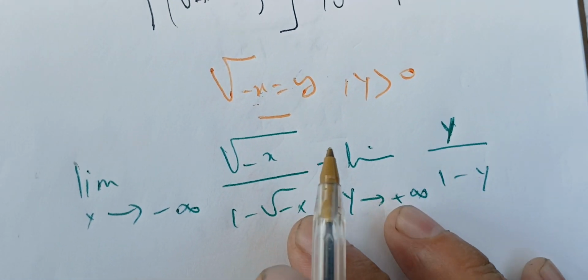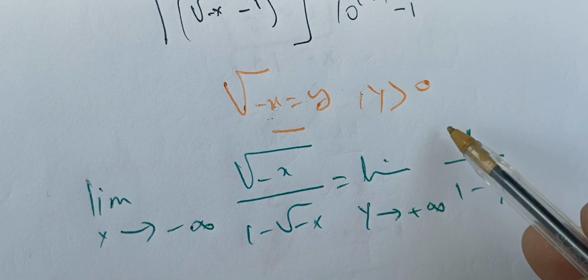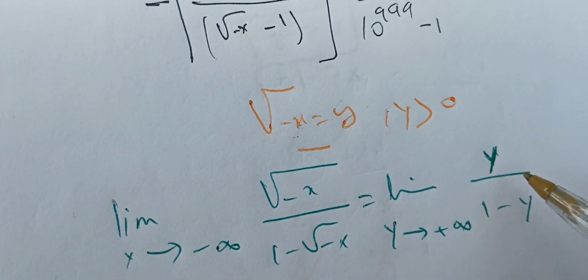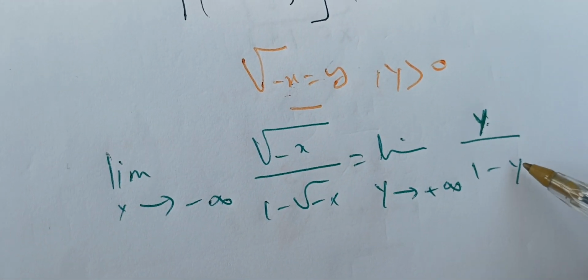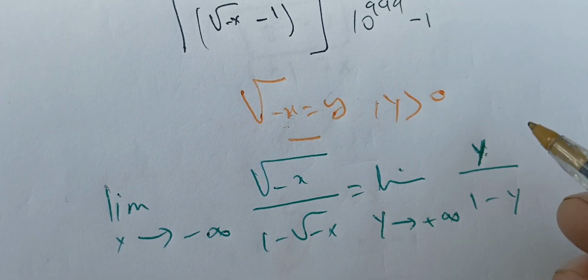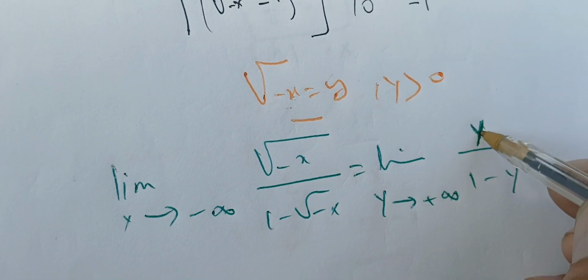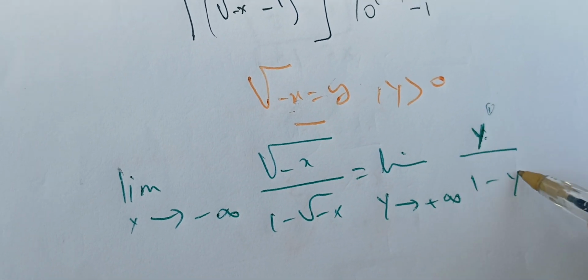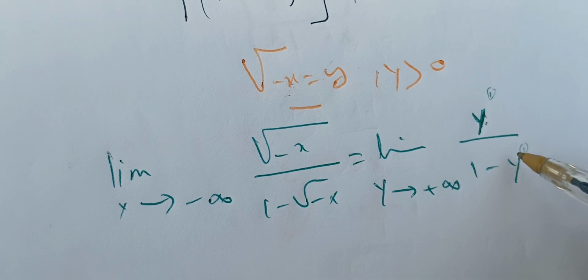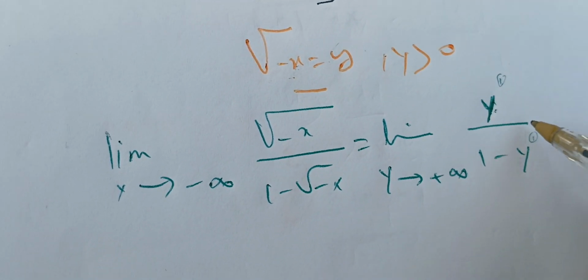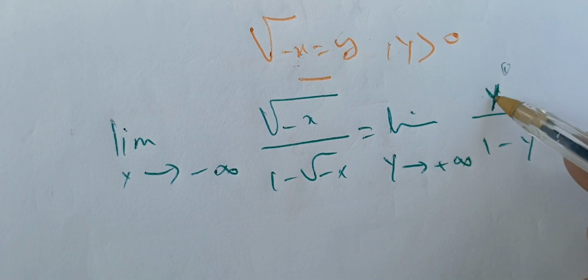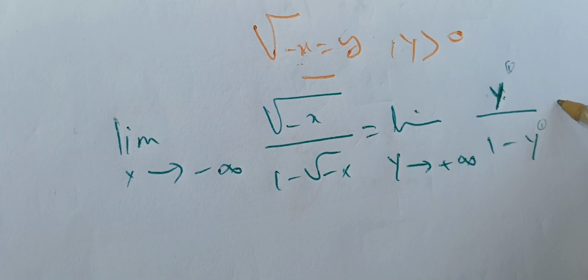Now we can use the ratio of two polynomials, because y and 1 minus y are polynomials with the same power. This is y to the power 1, and this is 1 minus y to the power 1. The coefficients facing y and minus y are 1 and minus 1, and therefore the ratio is 1 over minus 1, which is minus 1.